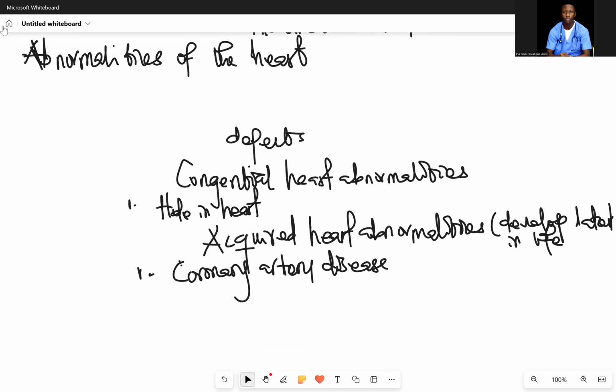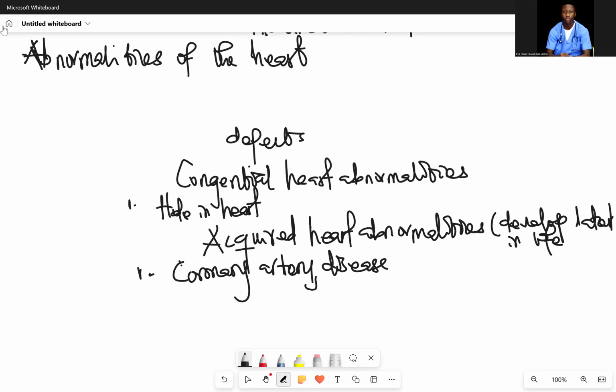This is when the coronary artery is blocked or narrowed.